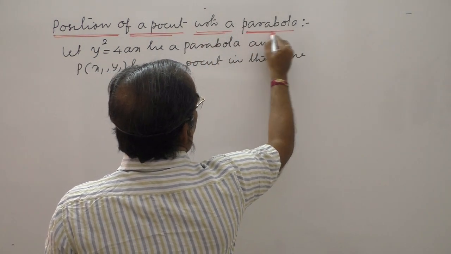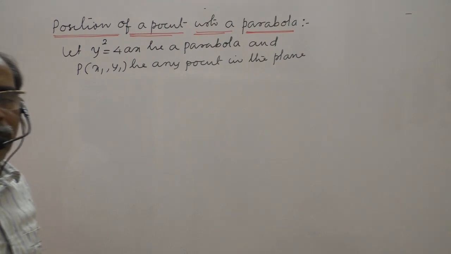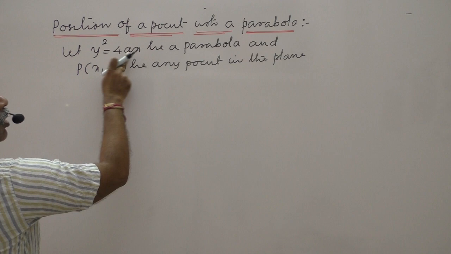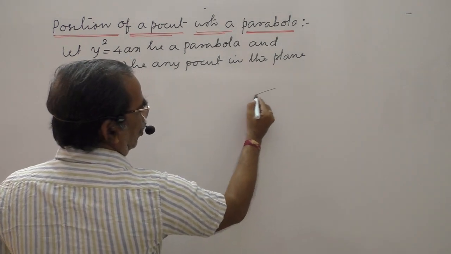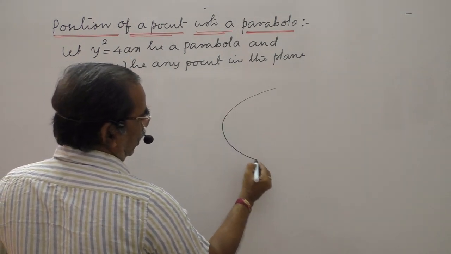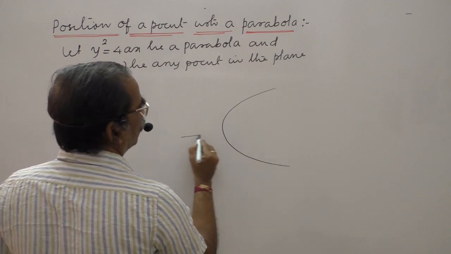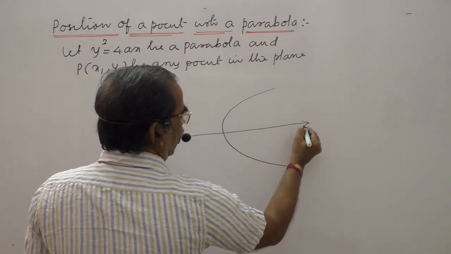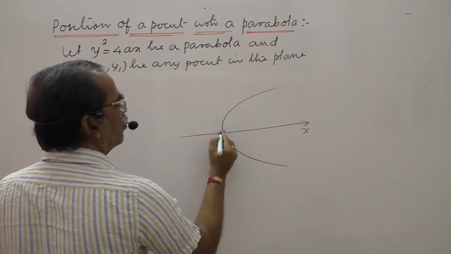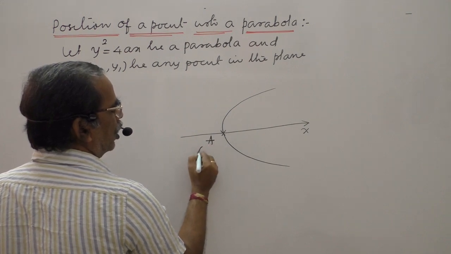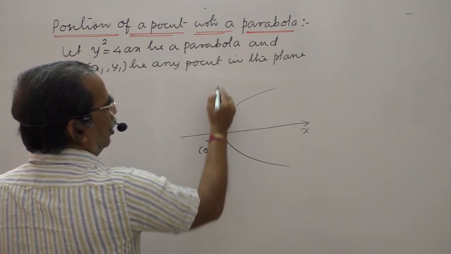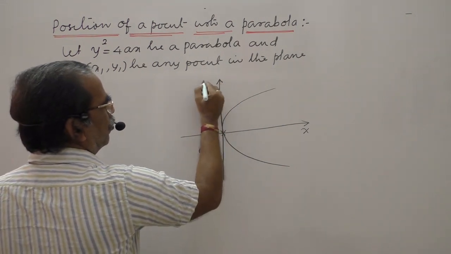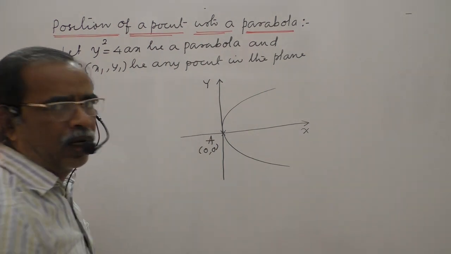If a parabola and a point are given, how many different chances will arise? Here the parabola is y square equal to 4ax. We know the nature of this curve: its axis is the x-axis, the vertex is (0, 0), and the tangent at the vertex is the y-axis.